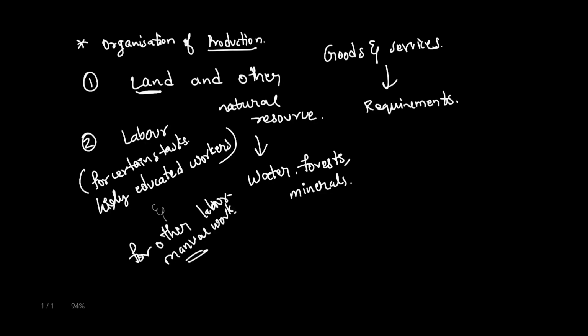Okay, these are the first two requirements for production. Now the third one. Third one is physical capital.